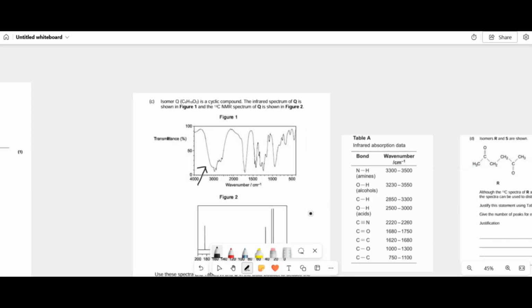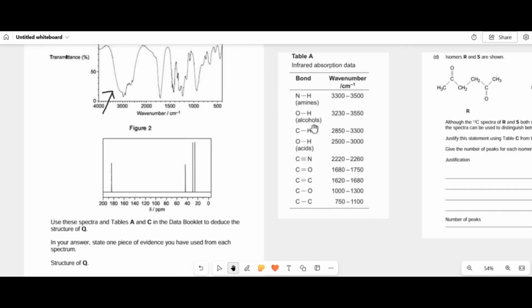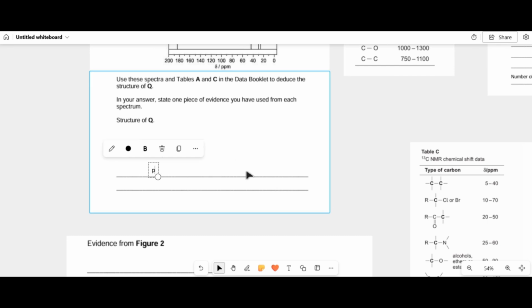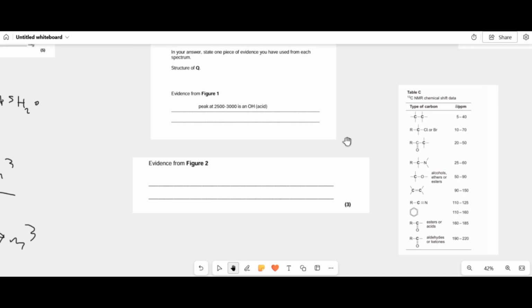If you look at the infrared data here, we can see that that's going to be an acid. So you want to write that over here. So that's going to be O-H acid.